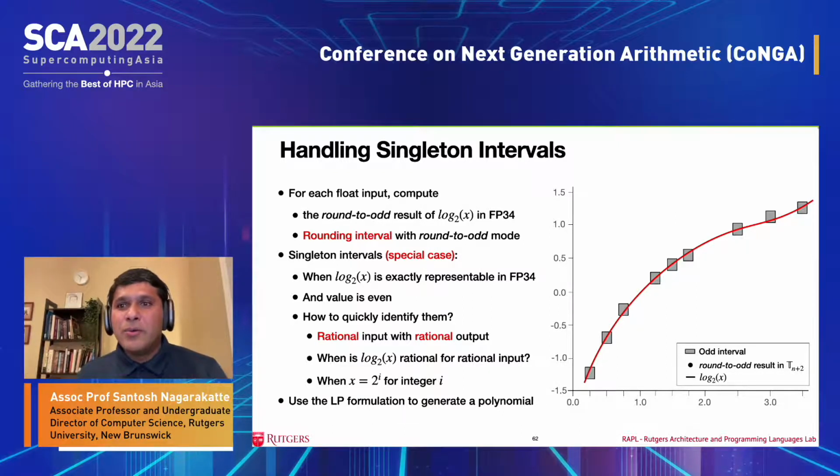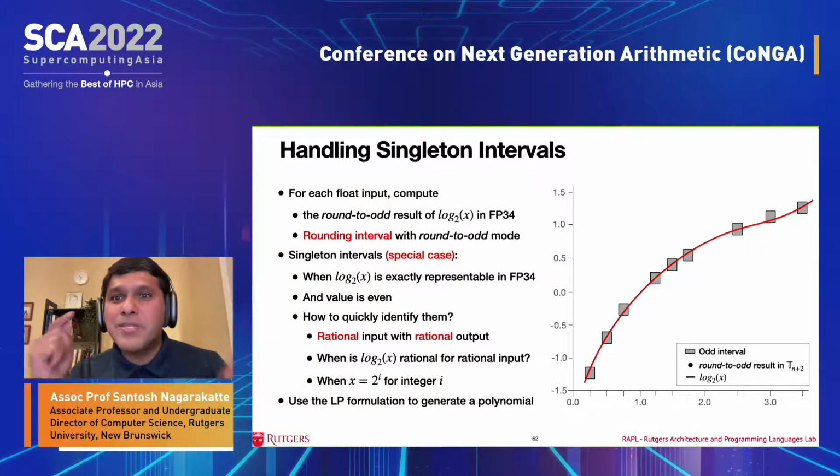Okay, so what are the 3 things I want you to take away from this? First, if your goal is to produce fast and correct math libraries, and you have an oracle, then approximate the correctly rounded result. Once you decide to approximate the correctly rounded result, there is an interval around this correctly rounded result. That is your freedom. Now we use an LP.